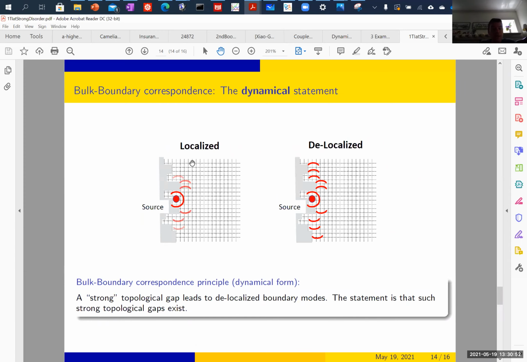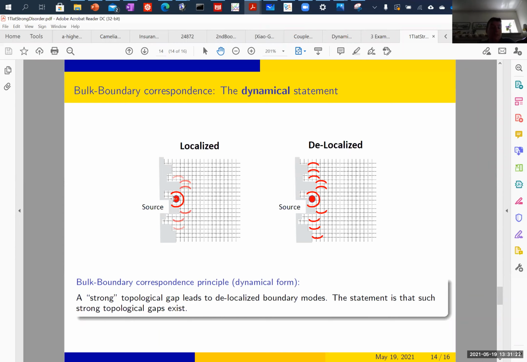We also heard about bulk-boundary correspondence in the spectral formulation. In the spectral formulation, the bulk gap is filled entirely by boundary spectrum. However, if you go to the experimentalist, that's not quite a useful statement.